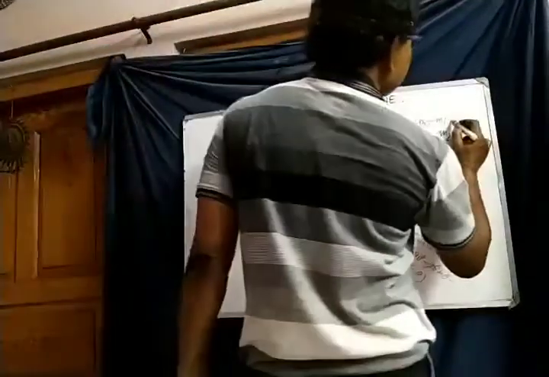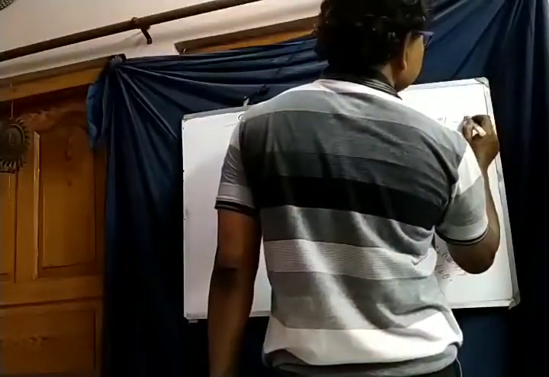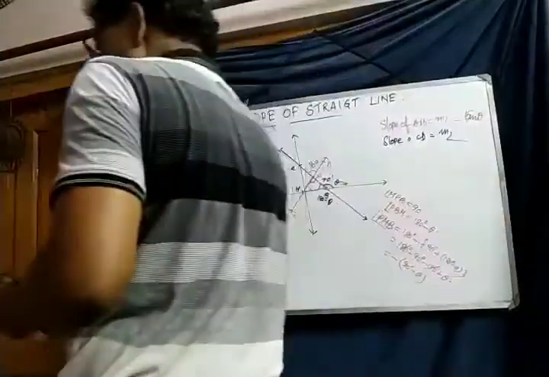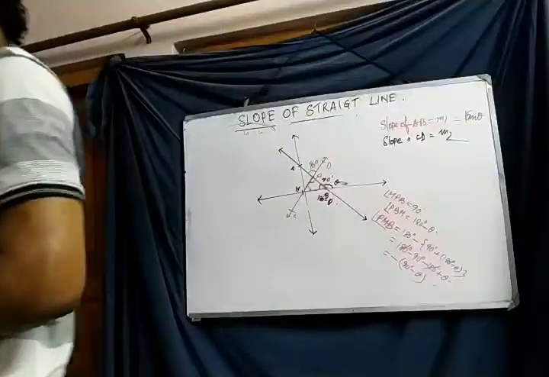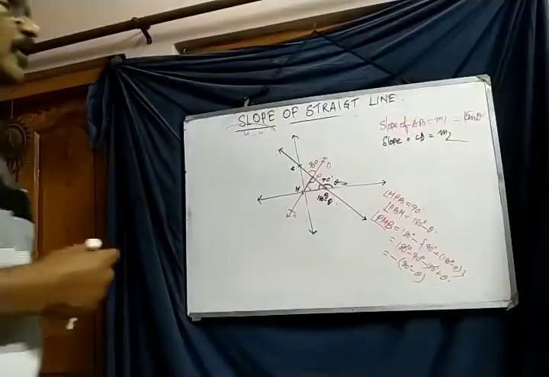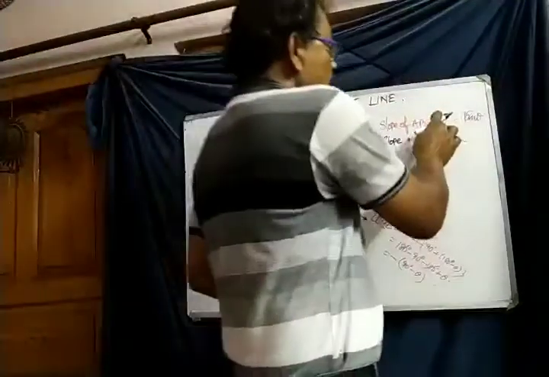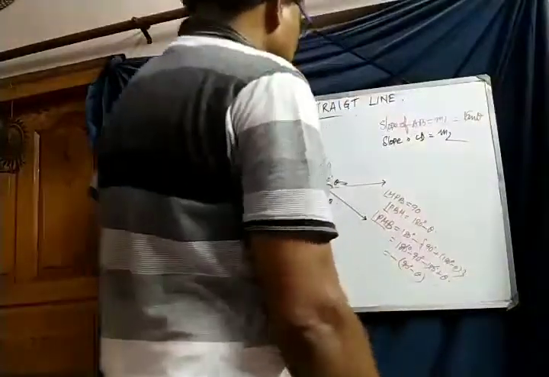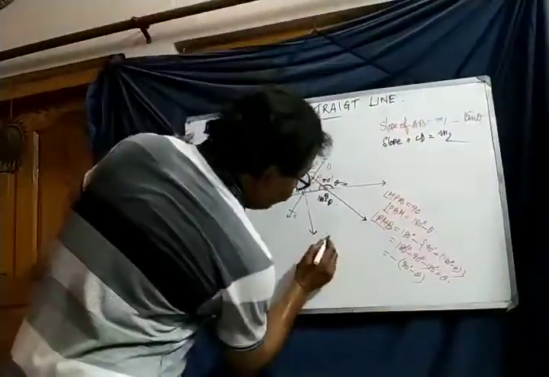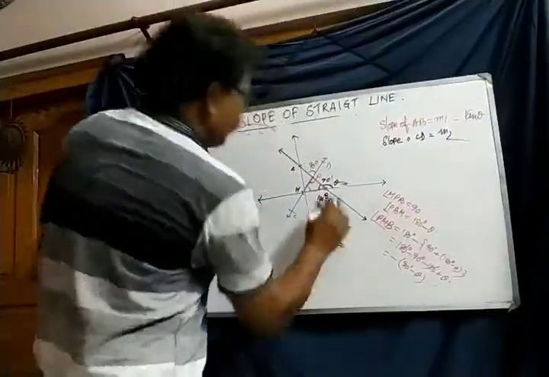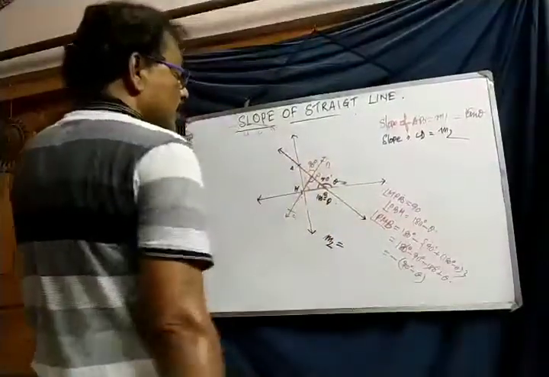Here m1 is equal to tan theta because the angle of inclination is theta, which we already considered. Then m2 is equal to, what is m2? m2 means the slope of CD.